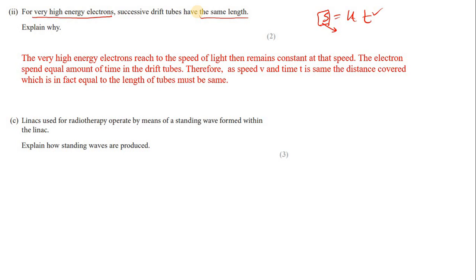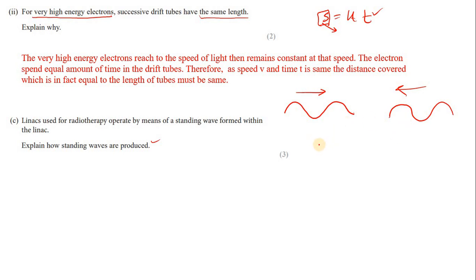Linacs used for radiotherapy operate by means of standing waves formed within the linac. Explain how standing waves are produced. So standing waves are produced by two waves moving in opposite directions. One wave is coming from the left, the other wave is coming from the right. Two waves moving in opposite directions, they superpose, they interfere.